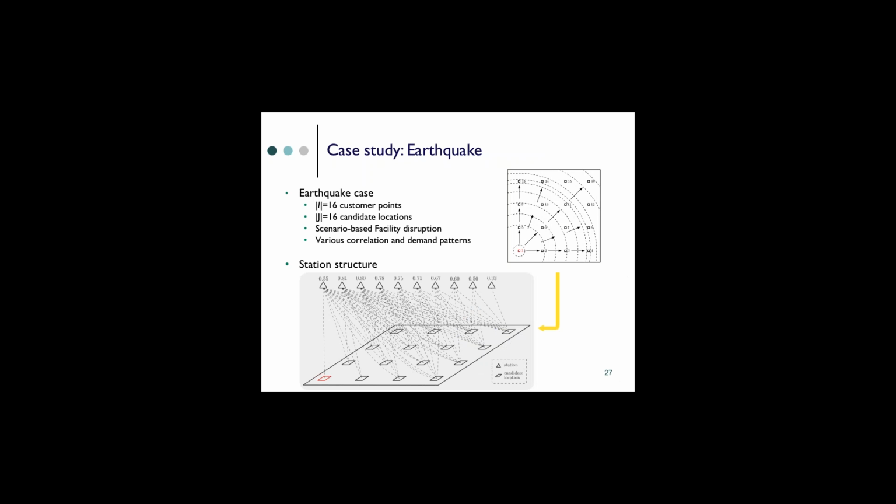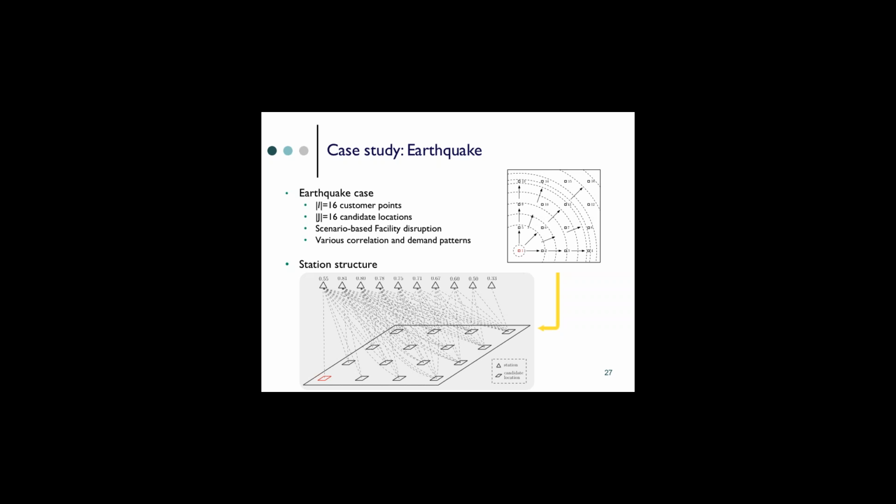The second case we study is a grid network consisting of 16 locations, and an earthquake is assumed to happen at location 1. Then the earthquake spreads out to the other locations. In this case, the probability correlation is involved, and since the locations themselves are subject to disruptions, this is a correlation of the shared hazard pattern.